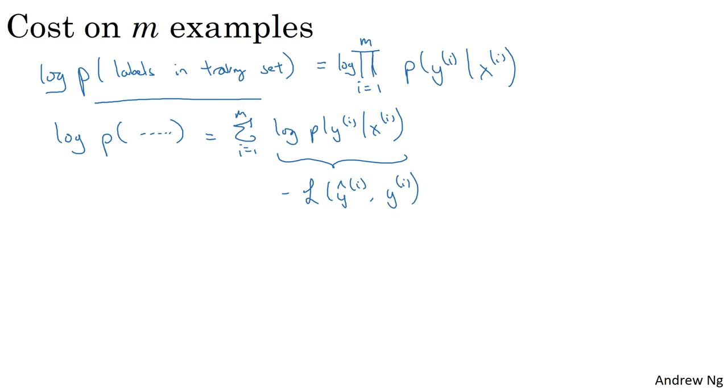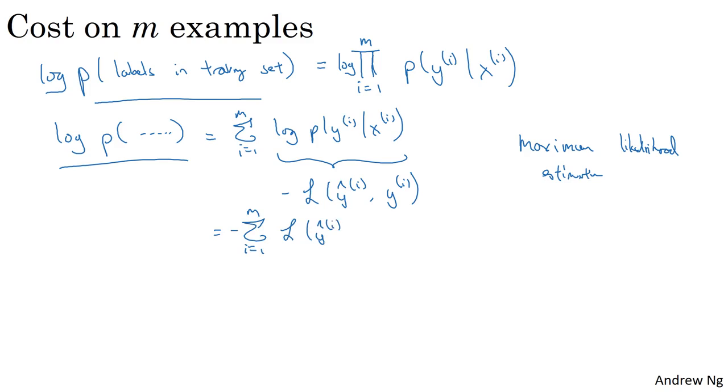And so in statistics, there's a principle called the principle of maximum likelihood estimation, which just means to choose the parameters that maximize this thing, or in other words, that maximize negative sum from i equals 1 through m of L of y hat i, y i. And I just moved the negative sign outside the summation.